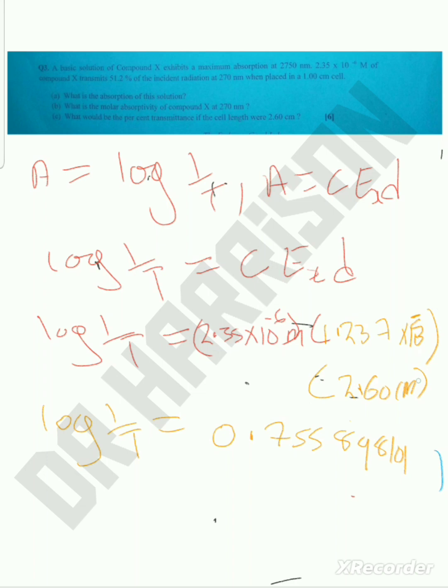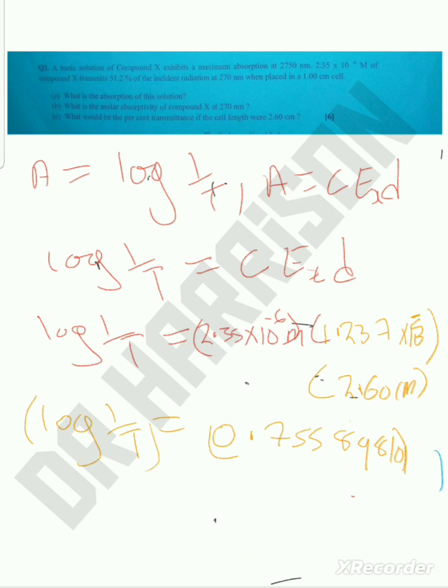Remember that our molar absorptivity had the units of per molar per centimeter, and the diameter is in centimeters. So those units have cancelled each other. This value doesn't have units.